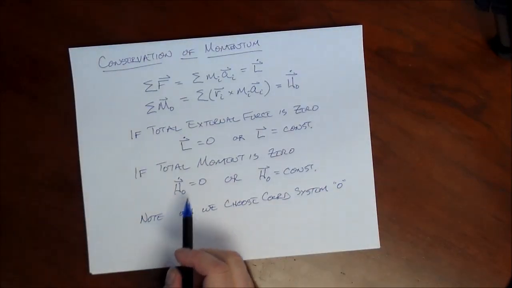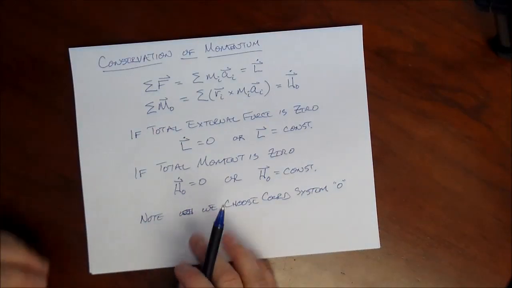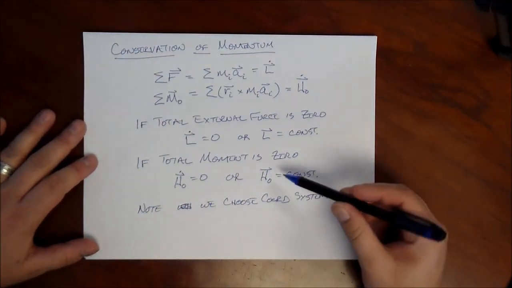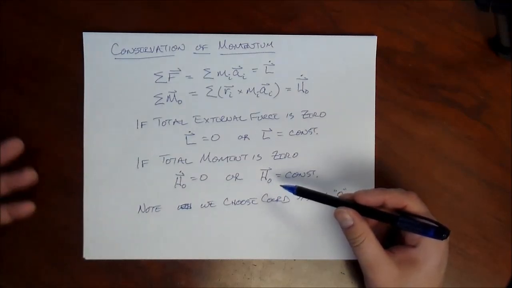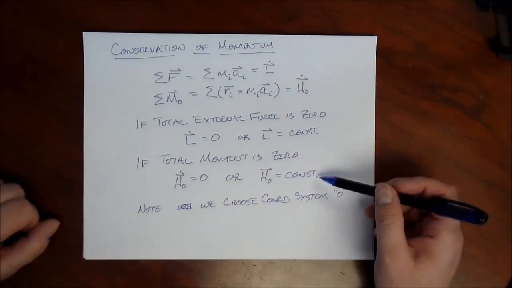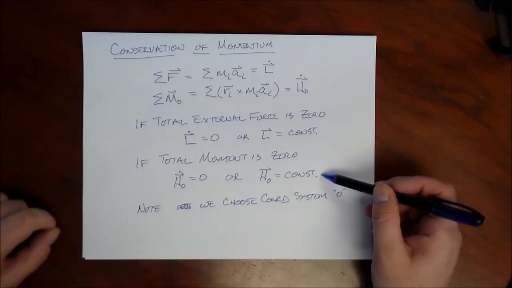So, the origin about which we take these moments, we get to choose that. Which means if we can identify a point about which we take moments, that the moment is 0, then we will have a situation where momentum is conserved, angular momentum is conserved.